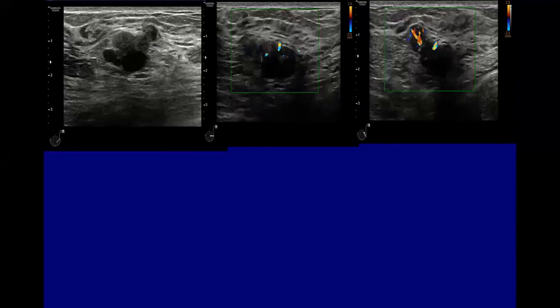When we use a Doppler, this is not a complicated cyst. If we look at it here, we might see even this part, which can sometimes be nonspecific debris within a cyst, because it is so homogeneous here. But when we put the color Doppler, this part is highly vascular.